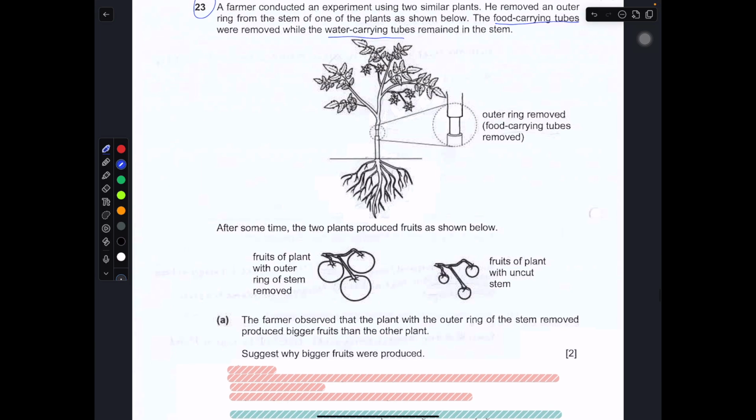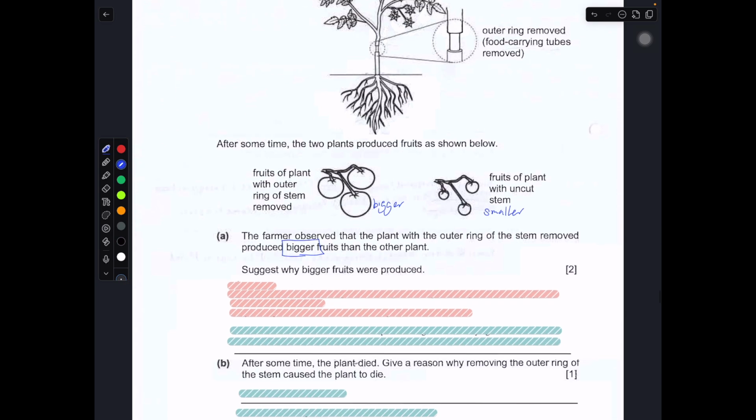You notice they even tell you that this one is bigger and this one is smaller. The farmer observed that the plant with the outer ring of the stem removed produced bigger fruit than the other plant. Suggest why the bigger fruit was produced.